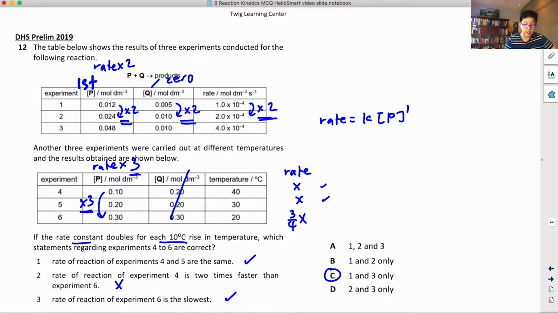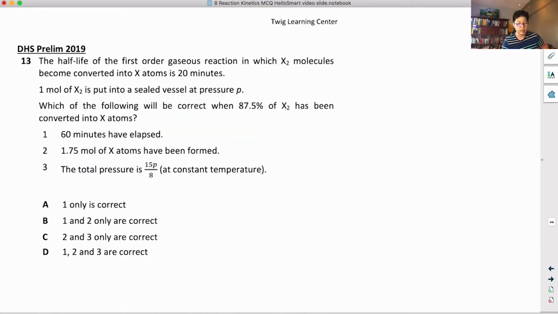Let's look at question 13. The half-life of first order gaseous reactant X2 molecule is converted to X. 1 mole of X2 is placed in a sealed vessel at pressure P. Which of the following will be correct when 87.5% of X2 has been converted? If 87.5% of X2 has been converted, it means there's actually 12.5% of X2 left.